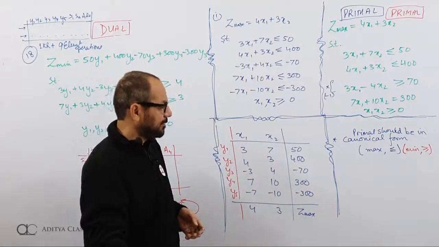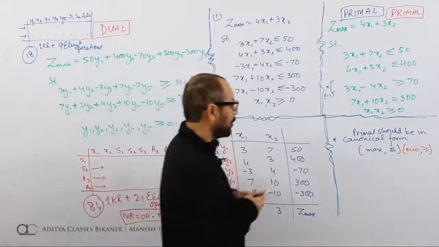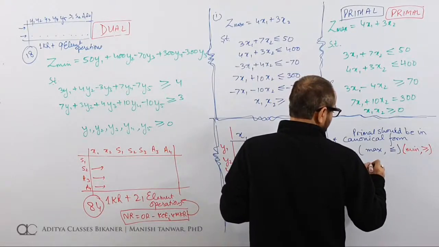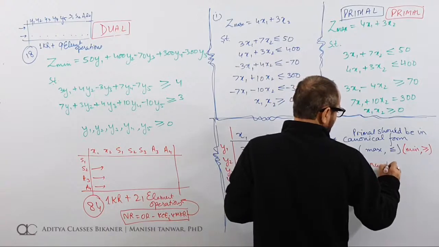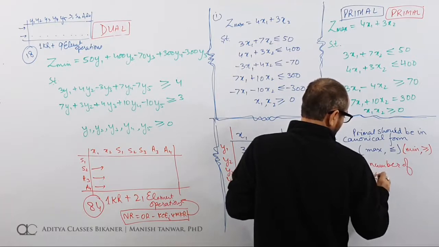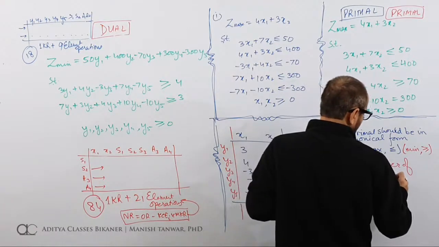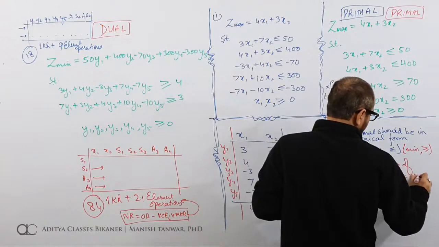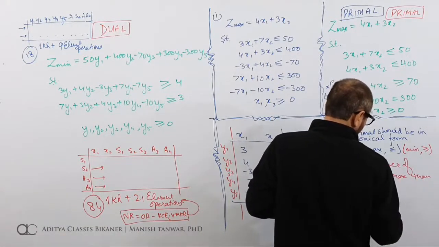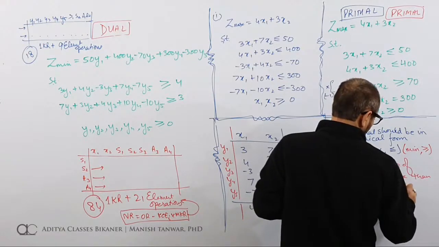So I can put down when and why do we go for dual? When number of constraints is more than number of variables.